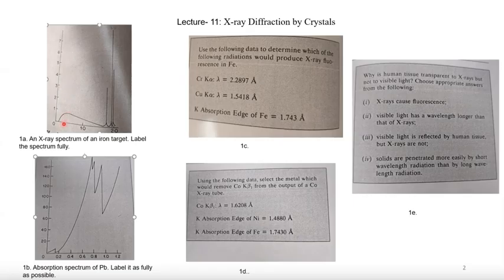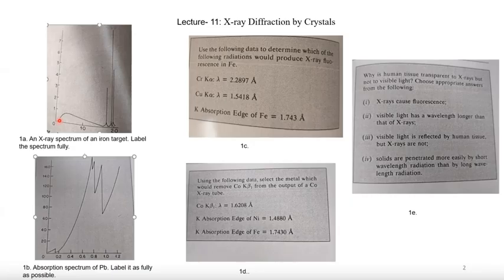You know that on the x-axis we always plot the wavelength in Angstrom, and on the y-axis it's an arbitrary intensity. So this is arbitrary intensity. This is what we call the wavelength in Angstrom.